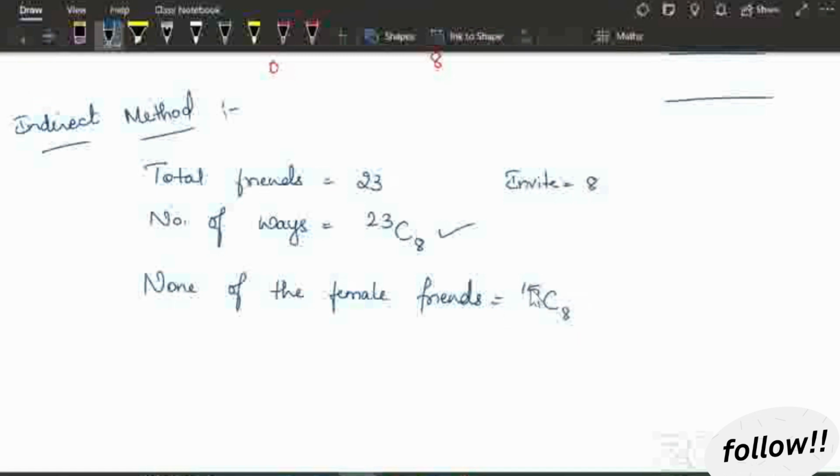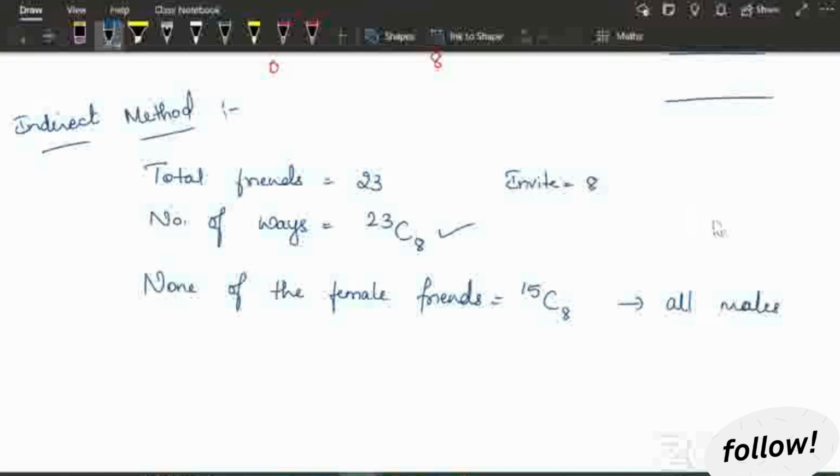Out of 15, since we are not inviting female friends, we are not considering them at all. We are considering only male friends. In that, he has to invite 8. This is all men invitation, right? All males.